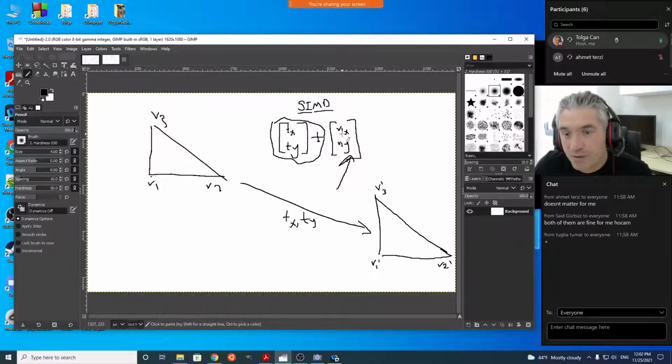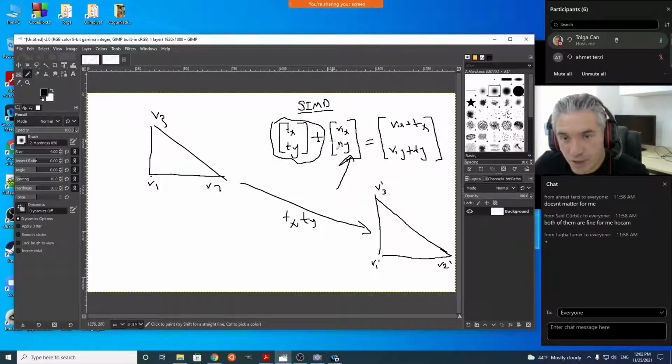If you change this part to v3x, v3y, you get v3 prime. So it actually gets the desired effect. We want v1x plus tx to give the translated coordinate, and v1y plus ty to give the translated coordinate, as you can see. Now the challenge will be to do this not with matrix addition, but with matrix multiplication on the left.